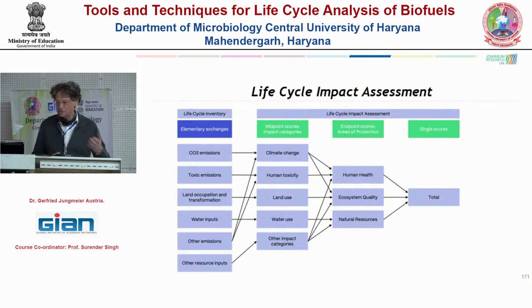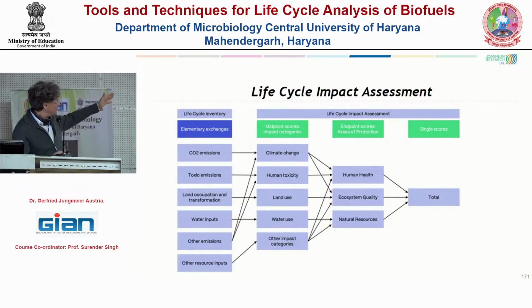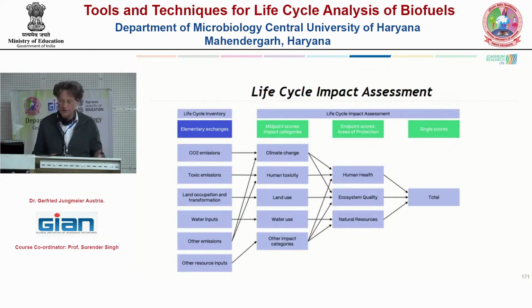Yeah, and the most relevant ones are of course climate change, land use, water use, but also human toxicity and other impacts. So this is a midpoint impact category or midpoint indicators, but you can further aggregate them to human health, to ecosystem quality, and natural resources.